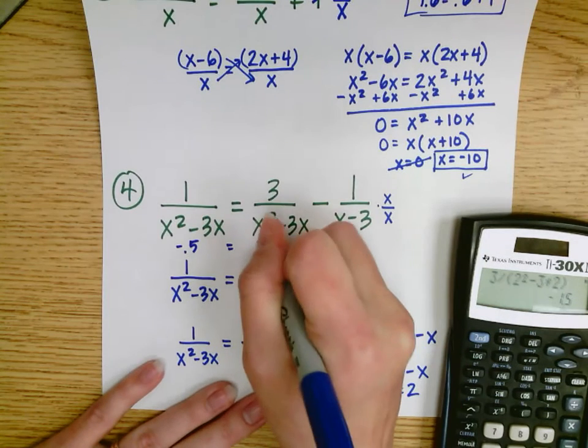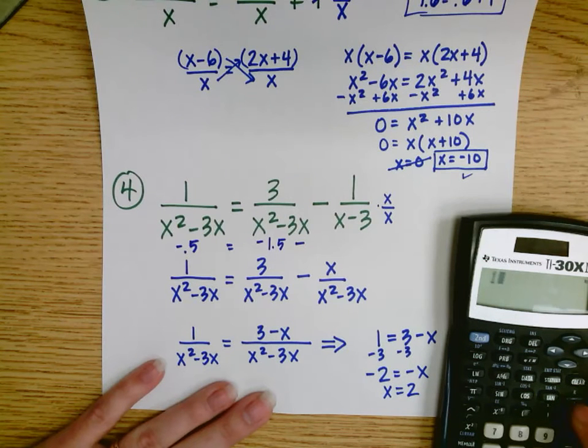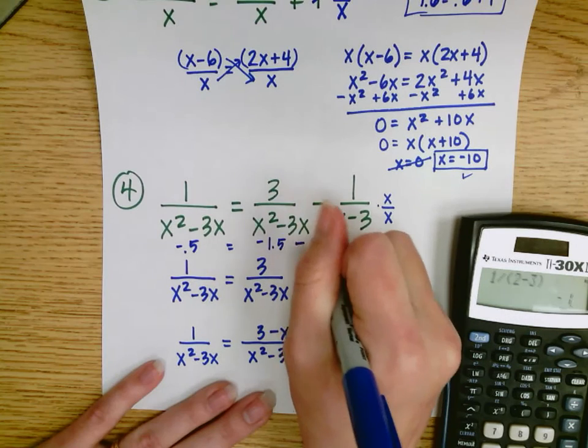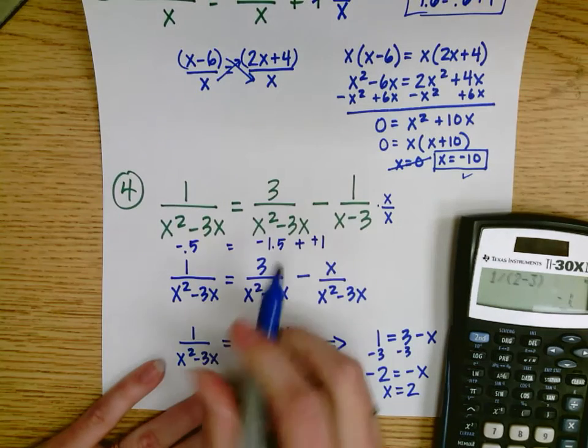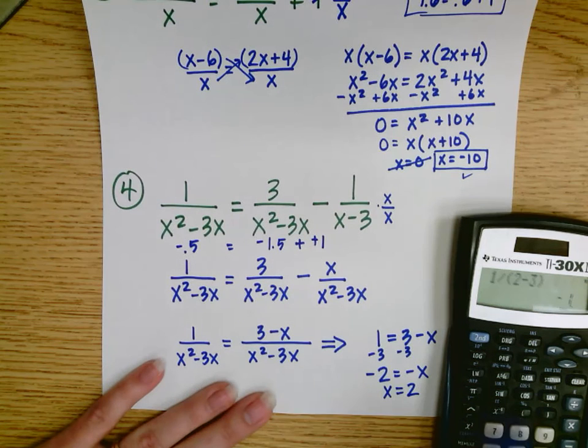Negative 1.5, and then minus 1 over 2 minus 3 is negative 1. If I do keep change, negative 1.5 plus 1 is negative 0.5. So this does check out.